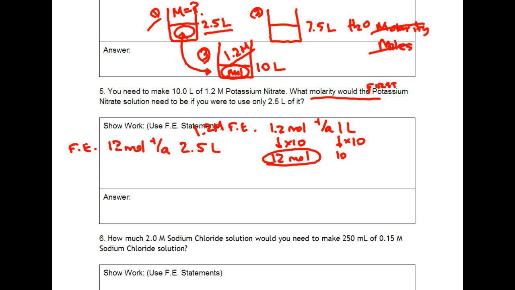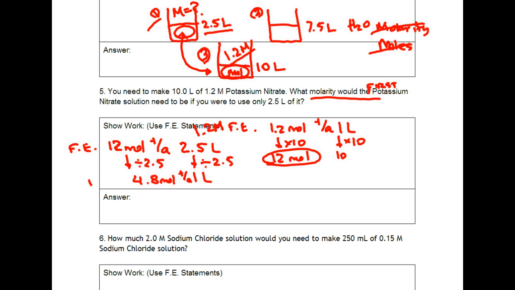We still didn't get the molarity though. In order to get the molarity, we need a for every statement that is so many moles per 1 liter. So we need to get this down to 1 liter. So we're dividing by 2.5, and if we divide 12 by 2.5, we should get 4.8 moles per 1 liter.